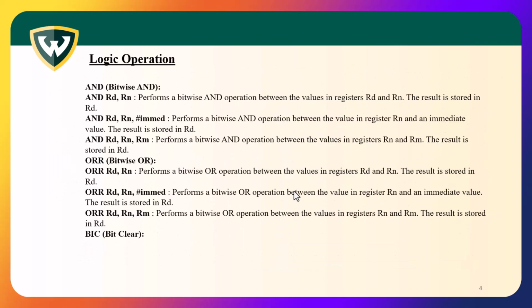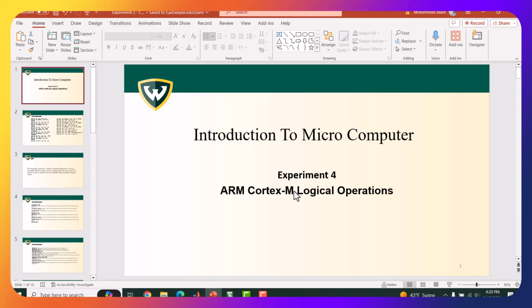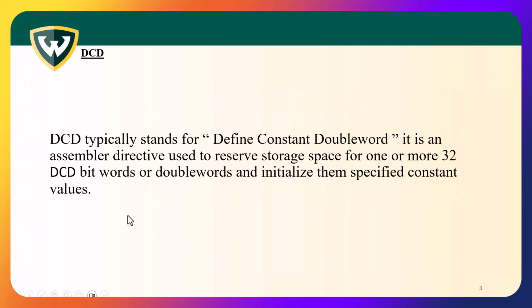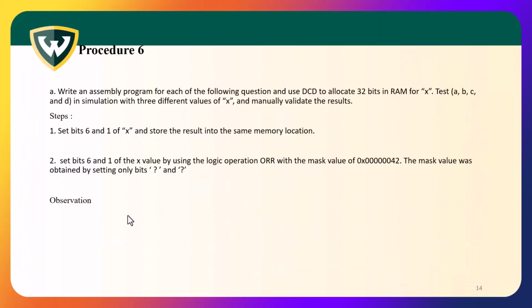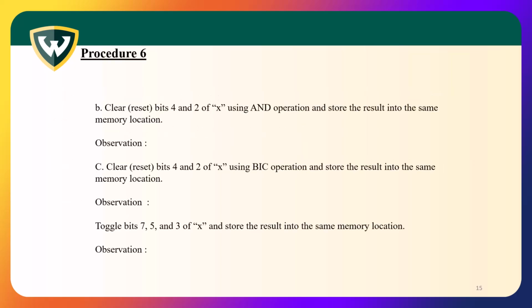Here you can see BIC is the bit clear operation. That bit clear operation will be used here, and then you're going to toggle bits 7 and 5 of x and store the result in the same memory location.